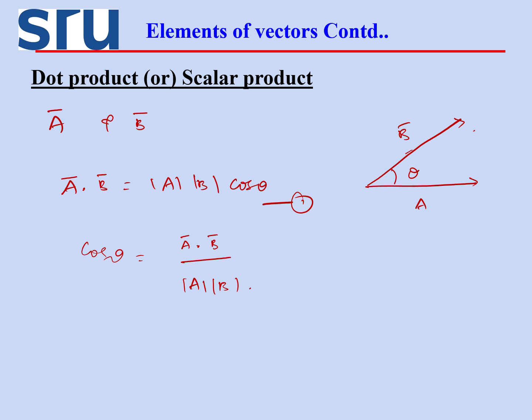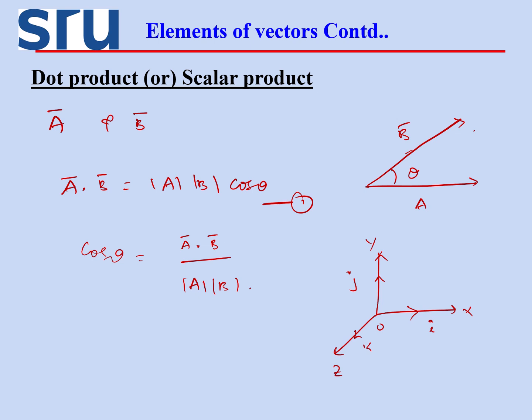So here, the dot product of the unit orthogonal vectors. For example, consider the x, y, and z axes, x axis, y axis, z axis. This is the origin. Unit vectors i, j, and k. So here i, j, k are called orthogonal vectors, unit vectors along these three axes, x, y, and z axis.